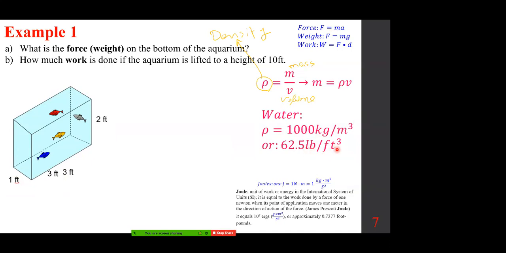Now, the way the pound works, kilograms in the metric system is the unit of mass, not force, okay? So if you want the weight in the metric system, it equals mg, so this has to be multiplied by g, 9.8 meters per square second. That's not how it works in the old British system, they keep this as the weight also.